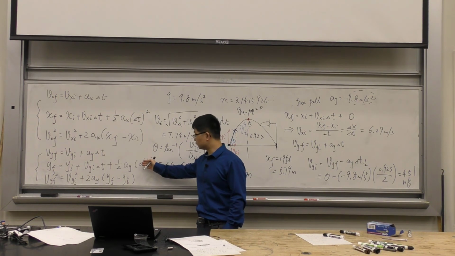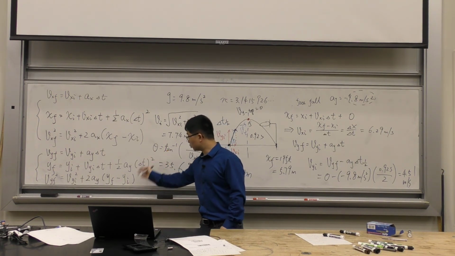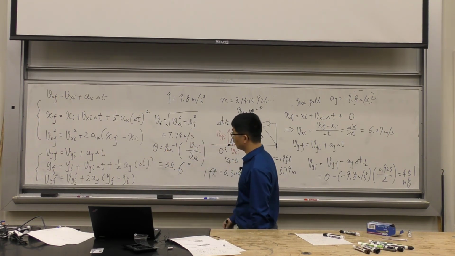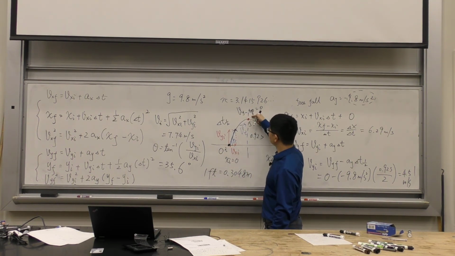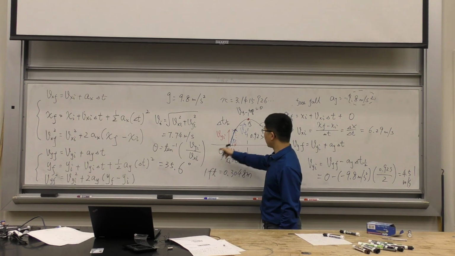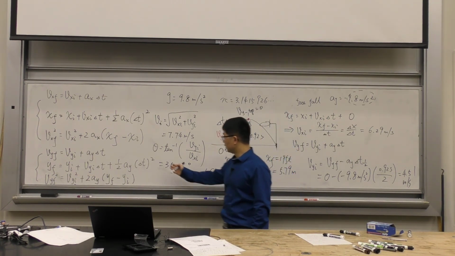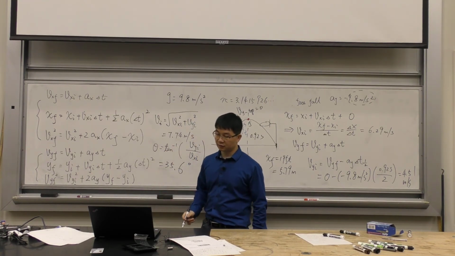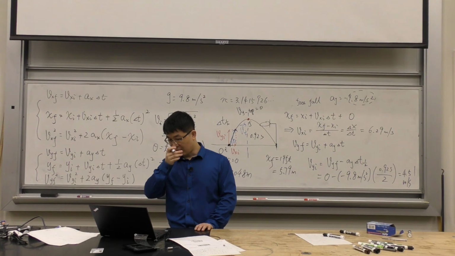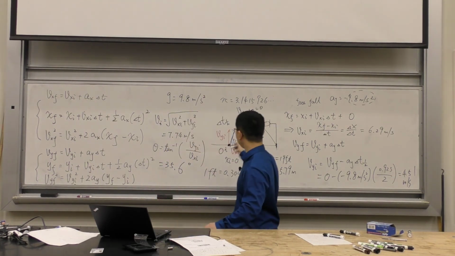Both of them have Yf, and you know all the numbers in these two equations. If you pick this as an initial and final, remember at this point the V final is 0 and time is half, right? Acceleration is negative 9.8. So you can pick either one to find the Yf, okay? That's going to be the height of Michael Jordan at the highest point.